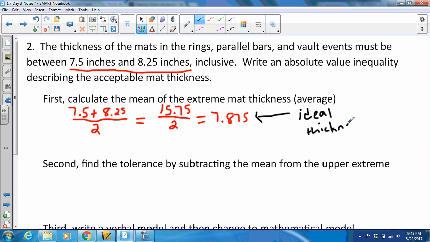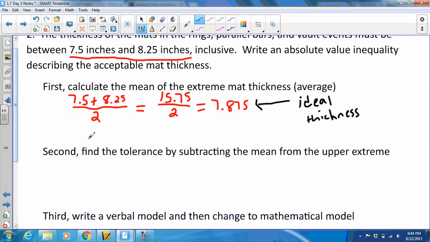Okay, so we got our ideal. Next, what we have to do is find the tolerance. In order to do this, it says you're going to do so by subtracting the mean from the upper extreme. So remember, our mean was 7.875.